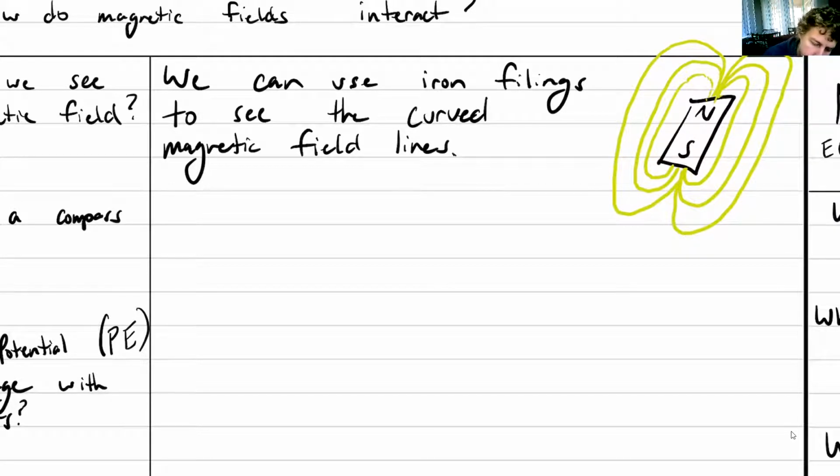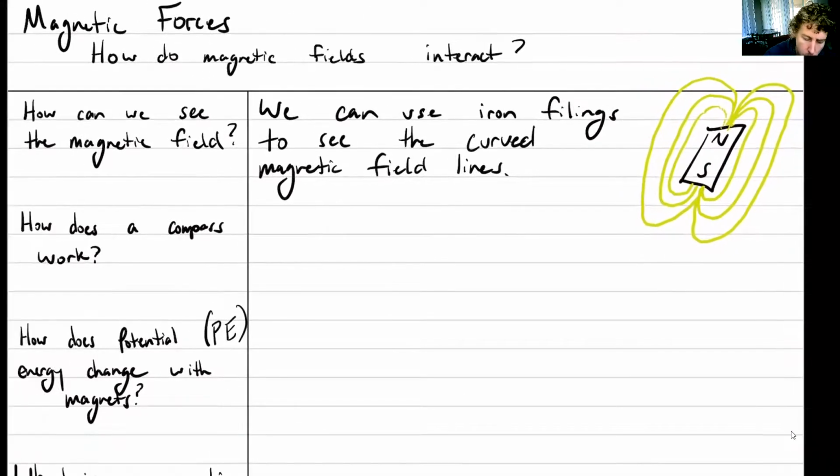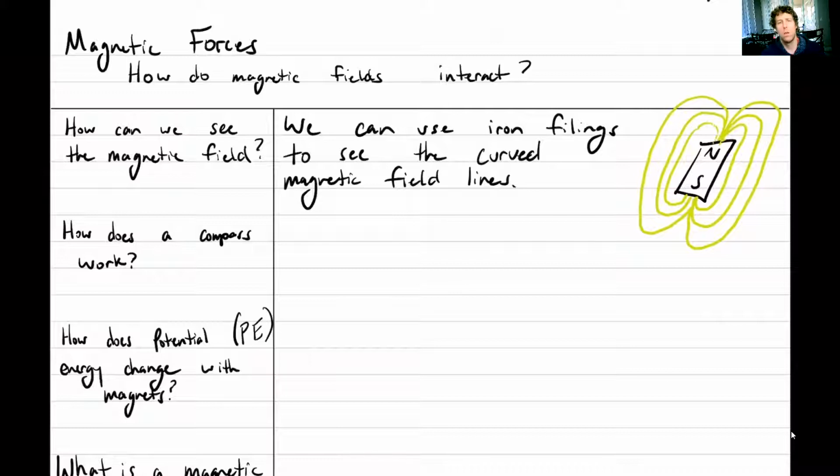And so that's kind of how I want you to do the notes today. You're just going to kind of go through the book, find the answer, and summarize it.